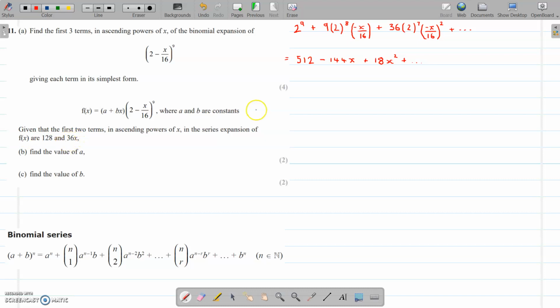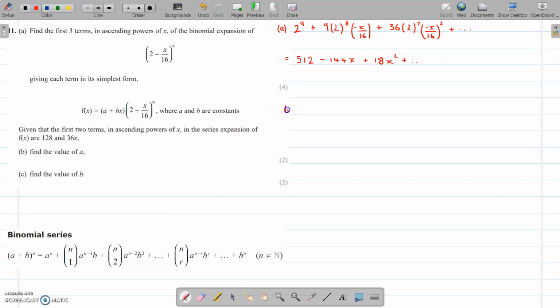Now what I'm going to do is expand this out. Literally write it out as it is. So this is part B. That was part A. For part B and part C, I'll probably be doing them together.